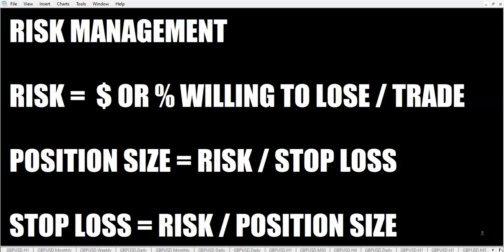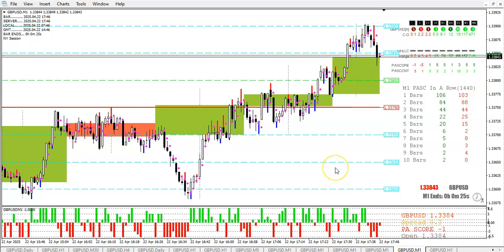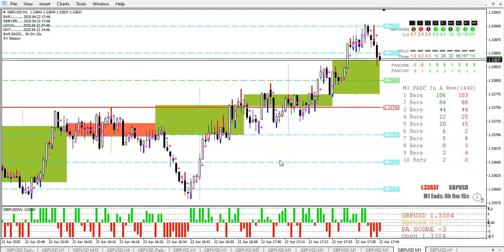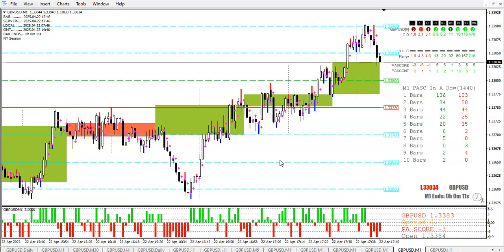Well, a few videos ago, I showed you a new price action indicator. I was working on the score, the whole idea of scoring the value of each candle based on the previous candle.